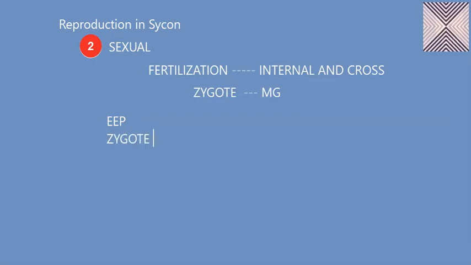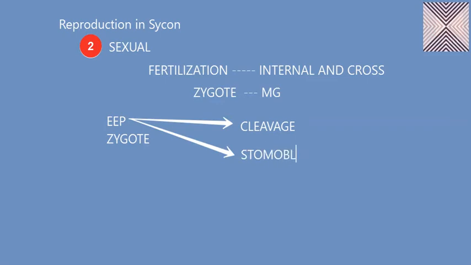Now this zygote undergoes the very first part of EEP. It is again divided into 2 subparts. So the first part is the cleavage, and EEP's second part is called the stomoblastula.